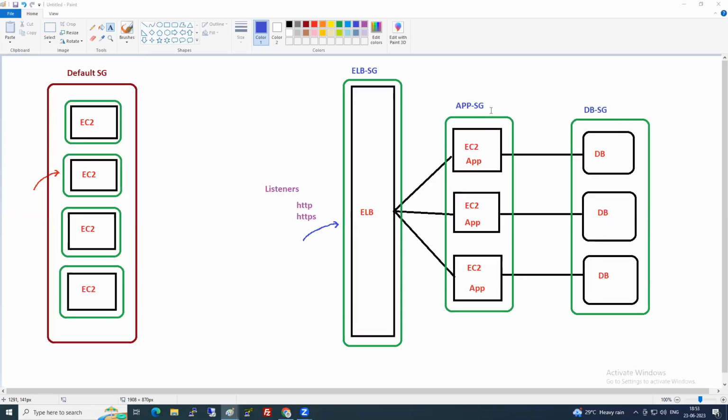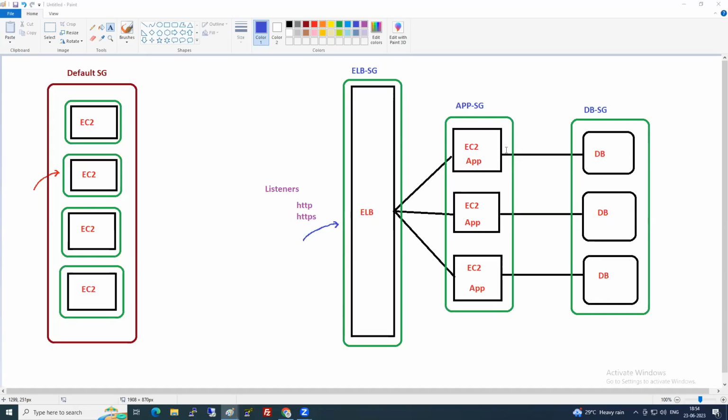One is HTTP, another is RDP if it is Windows, or SSH if it is Linux. For the load balancer security group, RDP and SSH are not required. For the app security group, I'll go with RDP, SSH, HTTP. Based on my requirement, I'll secure each and every component.